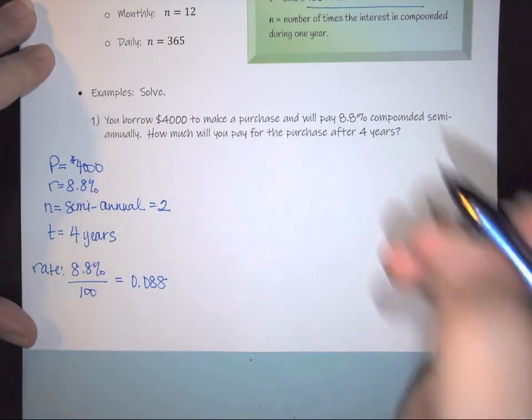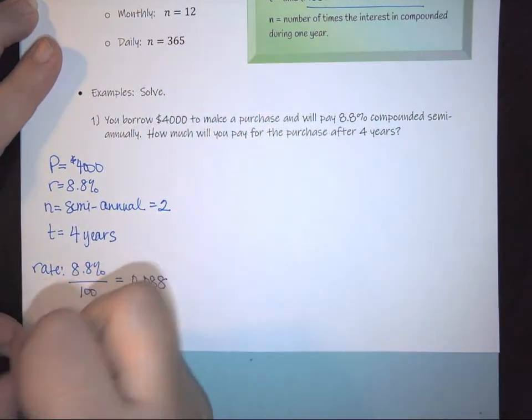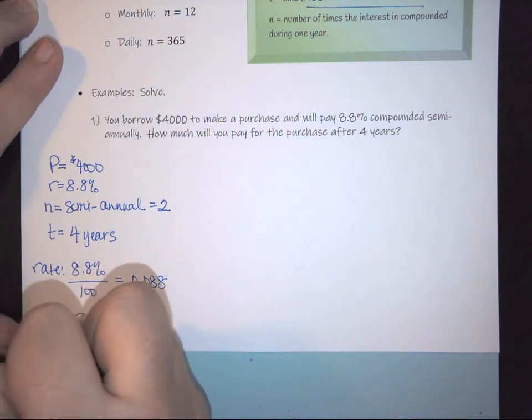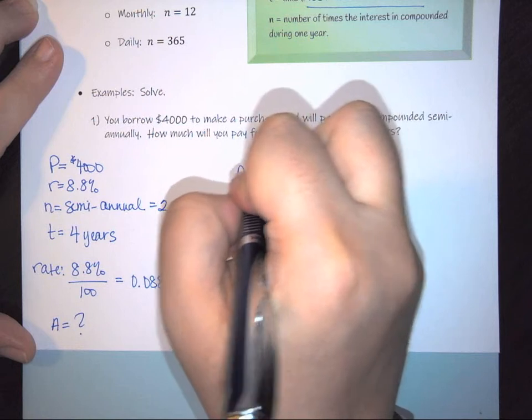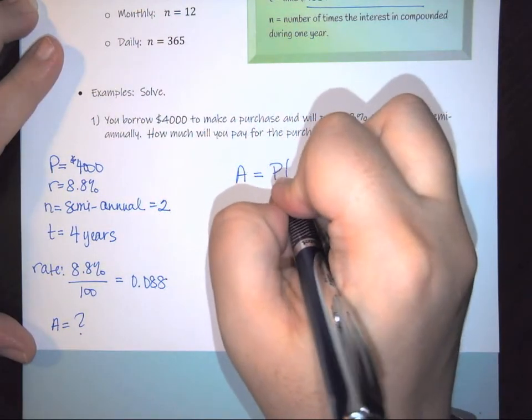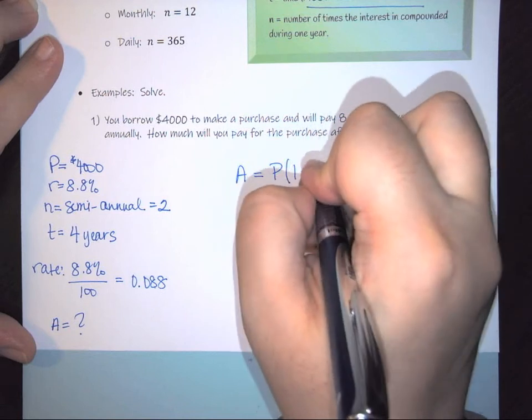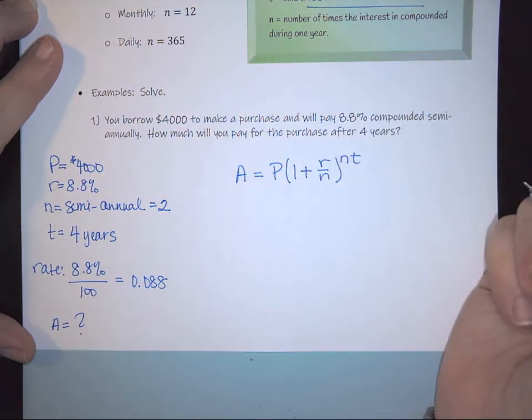So now we have to put it all together, and if you notice, the one variable that's missing here is the A. This is the part that we don't know. So my A is going to equal my equation, which says P times 1 plus R over N, raised to the NT.